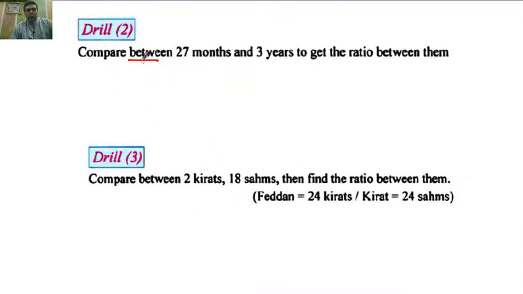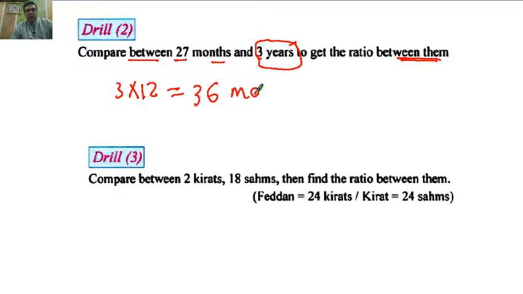Compare between 27 months and 3 years to get the ratio between them. To convert from years to months, 1 year, as mentioned before, equals 12 months. Then 3 times 12 equals 36 months.